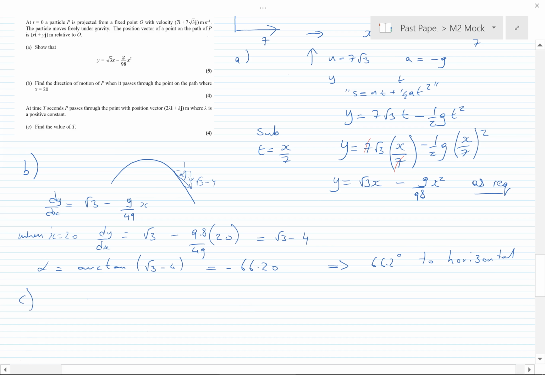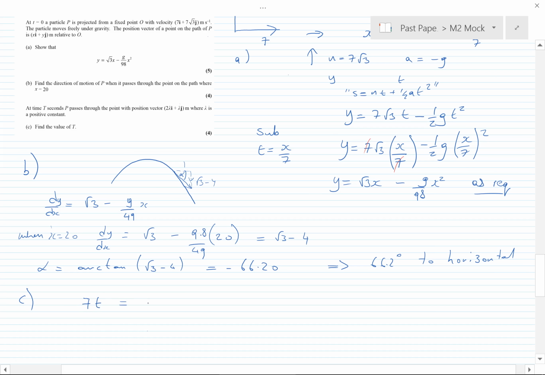Now part C is going back to talk about displacement. It says the displacement at the time when it's gone twice as far, its x value is twice as far as its y value. Well, remember that the x displacement is going to be equal to 7t.